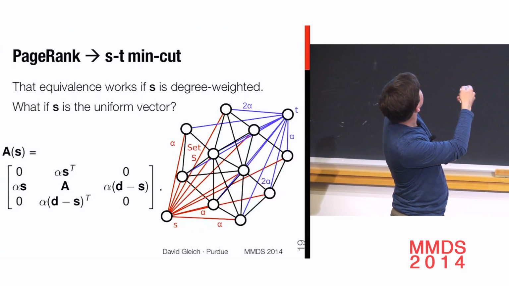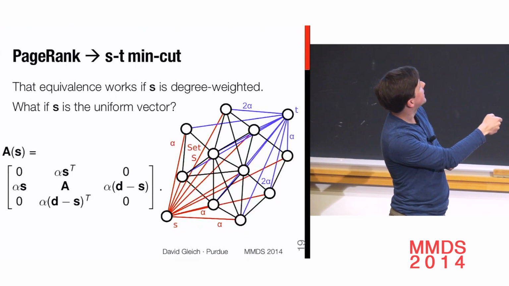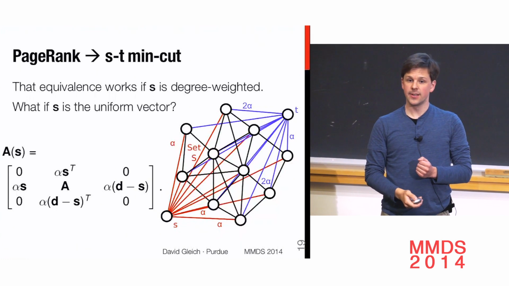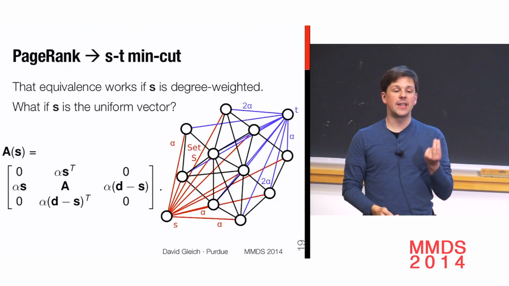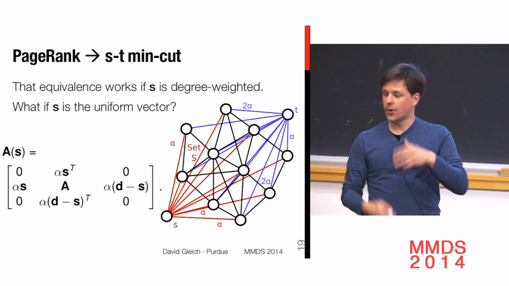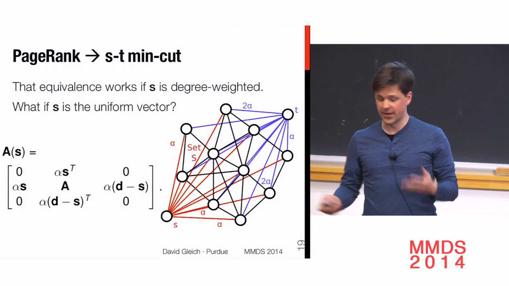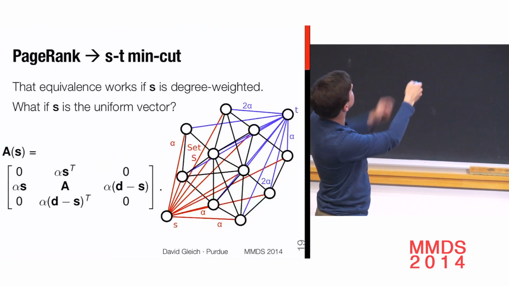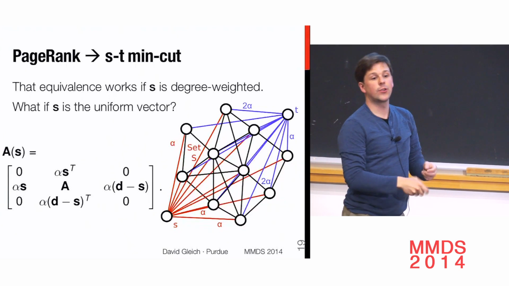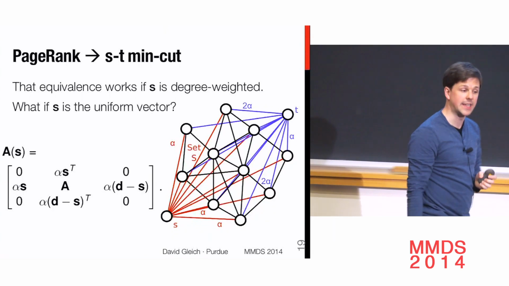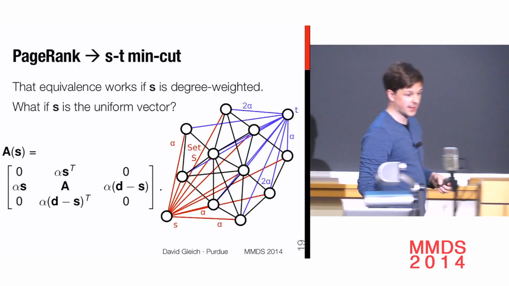But what that means is if we did have a uniform vector, we can connect S to everyone in the graph with weight alpha. And then in order to maintain that degree invariant, so we want to add alpha times the degree, total new weight to every node, what we do is we just add the remaining degree, so the degree minus alpha, to T. So we basically take all the residual and use that to link up to T in order to get the degree that we need.